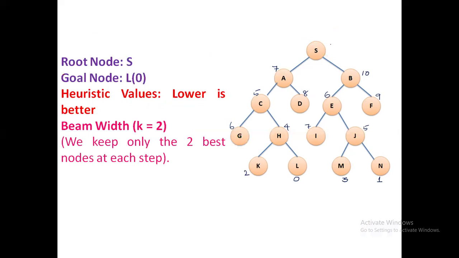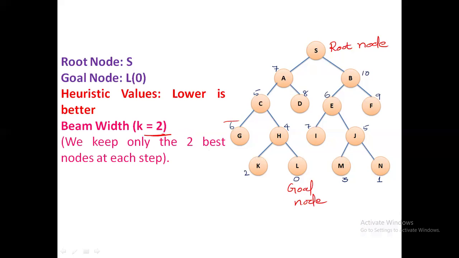As I've said, S is the root node and the goal node is L. The heuristic value, lower is better, and beam width k is equal to 2. So start at the root node.